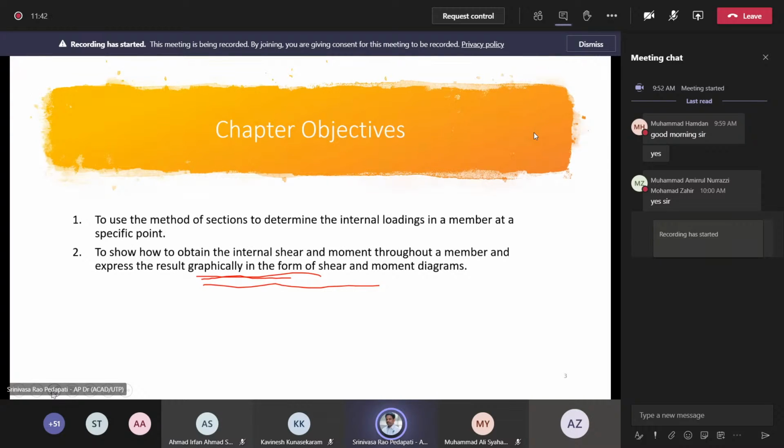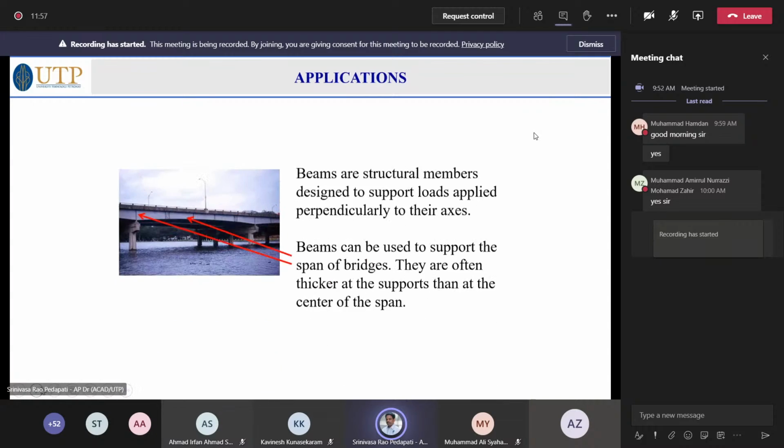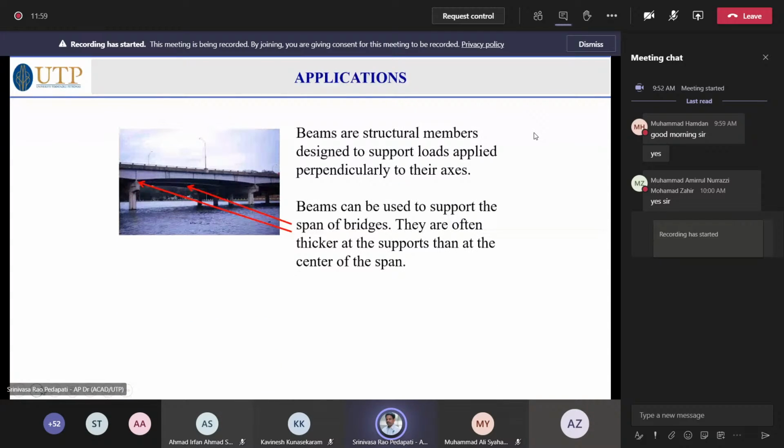Let us see what was discussed in the last class, just as a recap, so that anyone who was not in the last class can understand what we are talking about. You see the beams here, and these are applications where we need to design a beam. Beams normally are not straight, they are tapered, and they are tapered for a purpose.